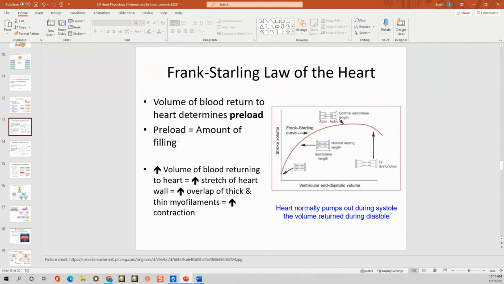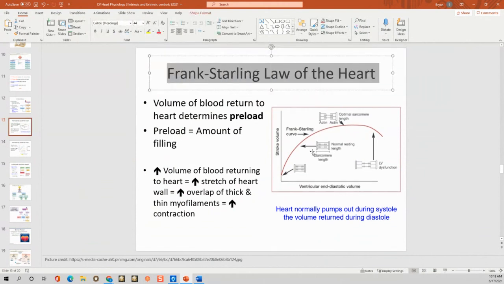Monday. But can you guys just write this down then? This is actually the easiest way to remember Frank Starling law of the heart. So write Frank Starling law of the heart, and you could summarize it in your notes. We're going to define it.